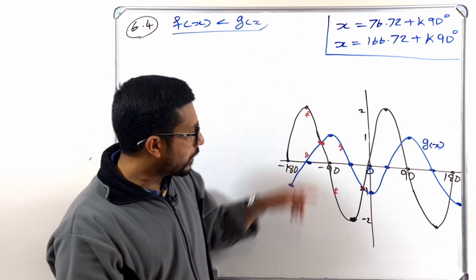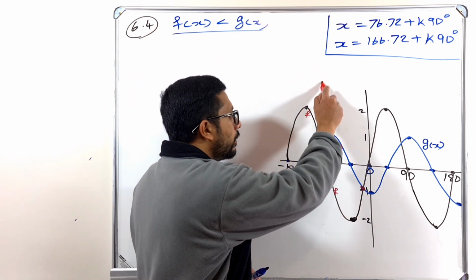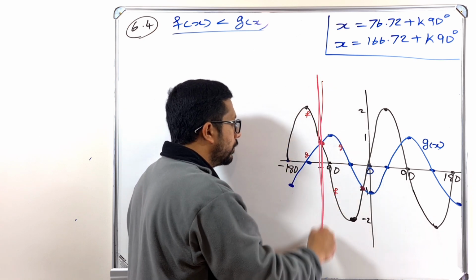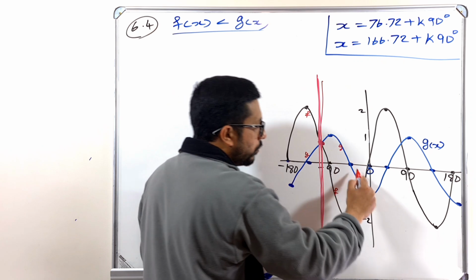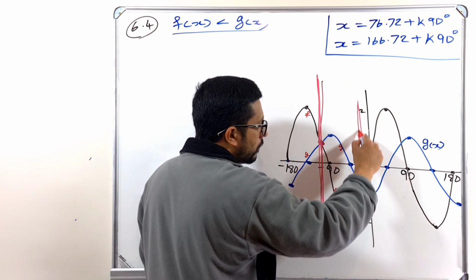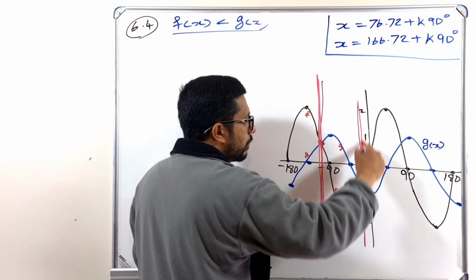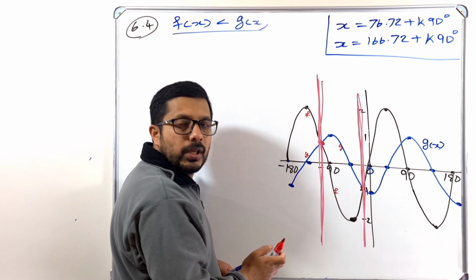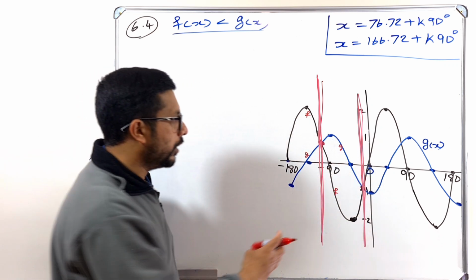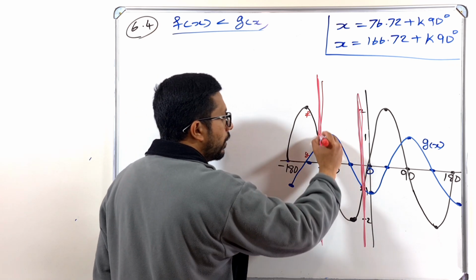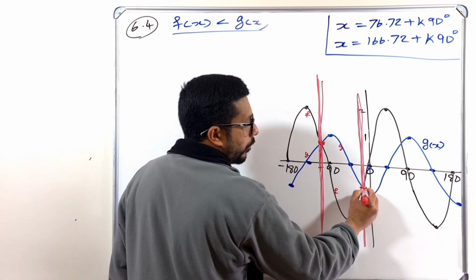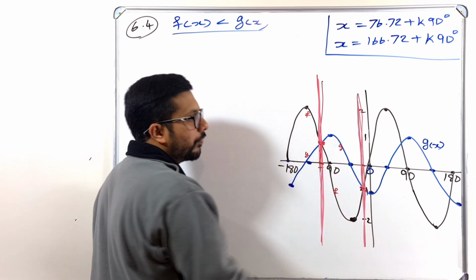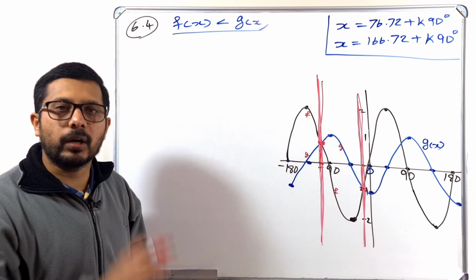Okay, so it means that from this point to this point, between these two x values, g of x must be on top, or the blue graph is on top.